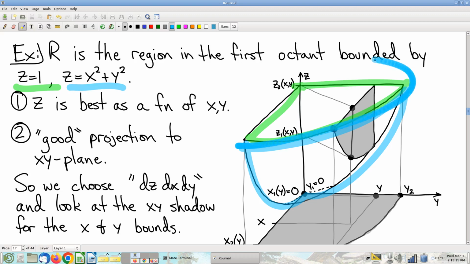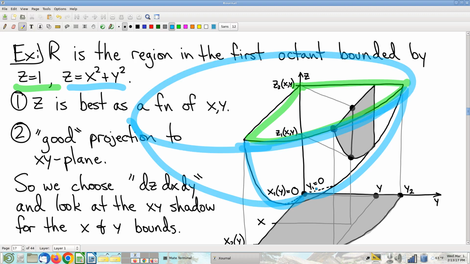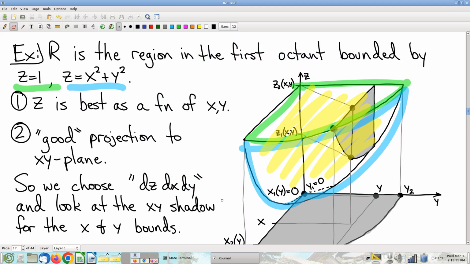I mean, it came out of, arguably, this whole great big paraboloid, but notice that the question says I'm looking for the part that's in the first octant, and thus I want just this part there. Everybody good with the picture? Okay. All right. Yeah. All right. So there's our solid.